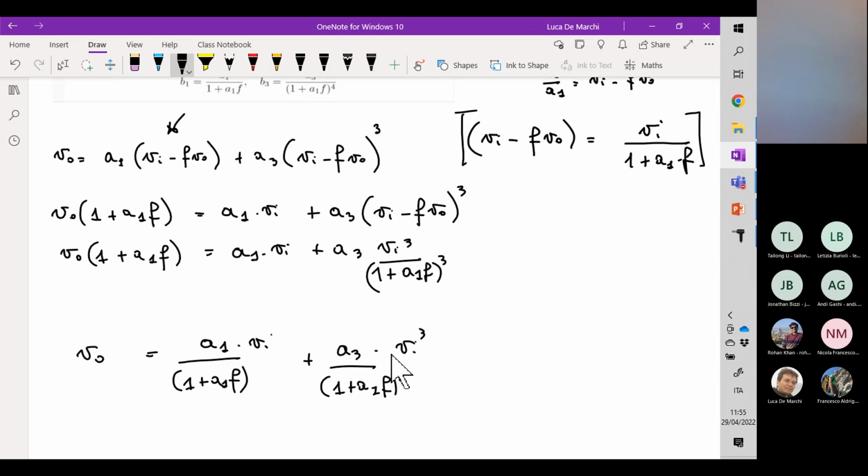So, for example, if we have a configuration like this, with the basic amplifier, which is characterized by a given input impedance Z sub I.